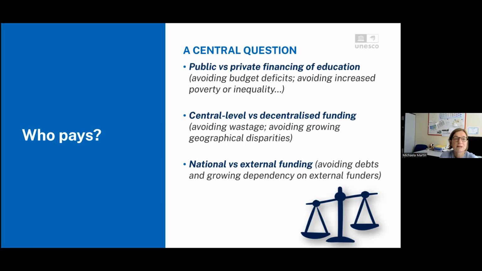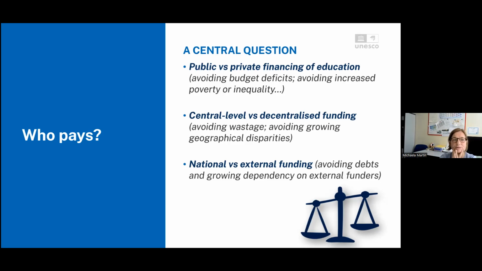Sometimes we invite private partners to avoid budget deficits, to avoid increased poverty and inequality, but do we have a good balance here? What is the balance between central level versus decentralized funding? Again, the issue here is how to avoid wastage and how to avoid growing geographical disparities.